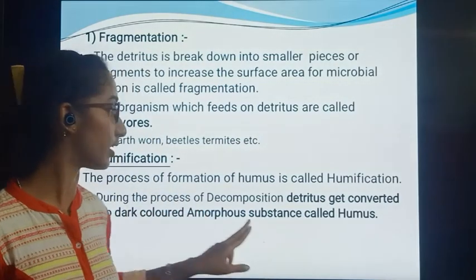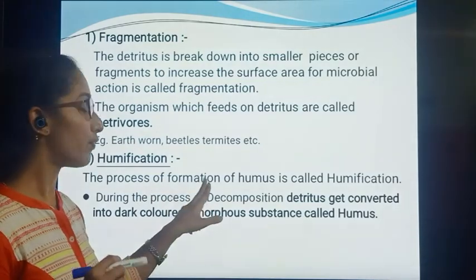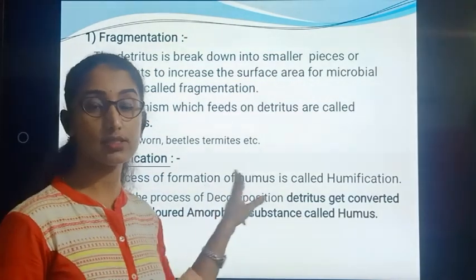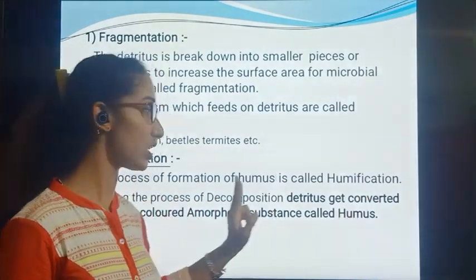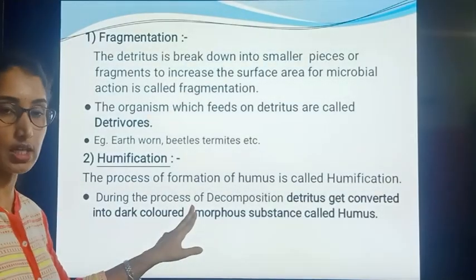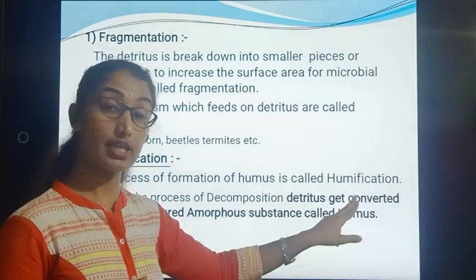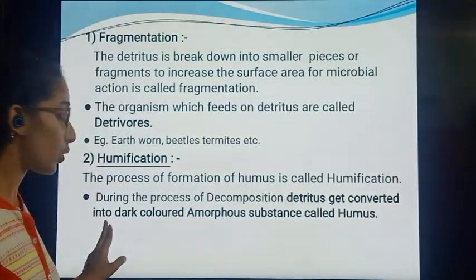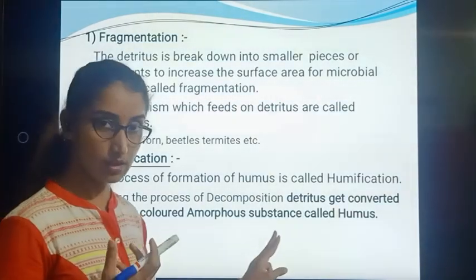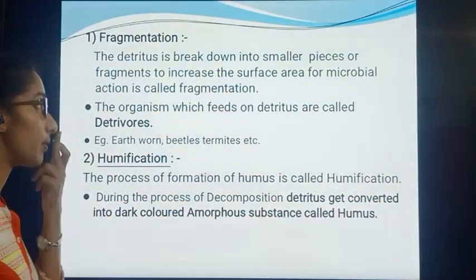I'll repeat the definition of humification. The process of formation of humus is called humification. During decomposition, the detritus gets converted into a dark colored amorphous substance, and that is called humus.